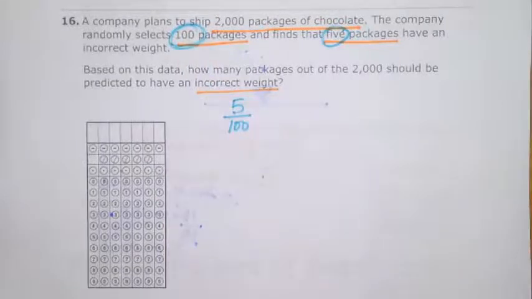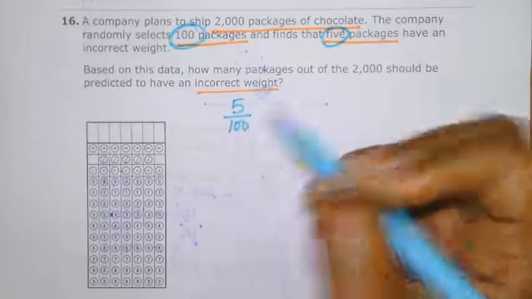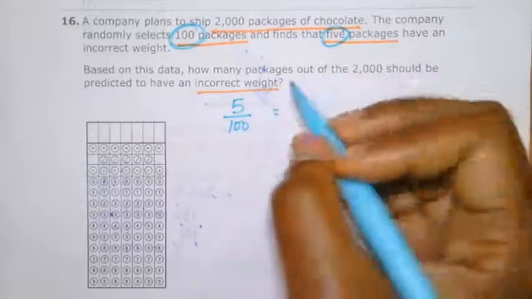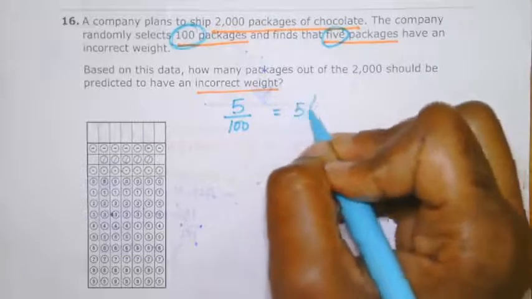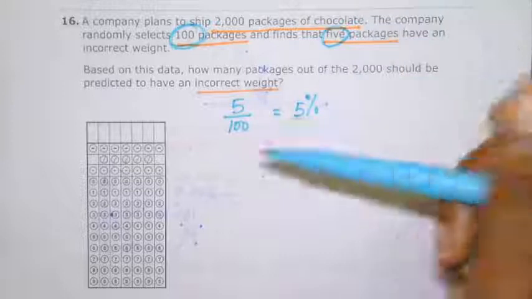So we need to get this as a percent. So 5 over 100 as a percent would just be 5%, right? That means 5% of whatever amount of packages is going to have incorrect weight.